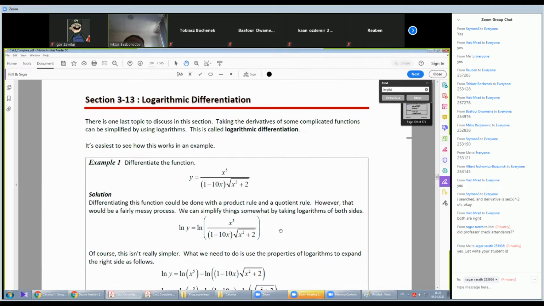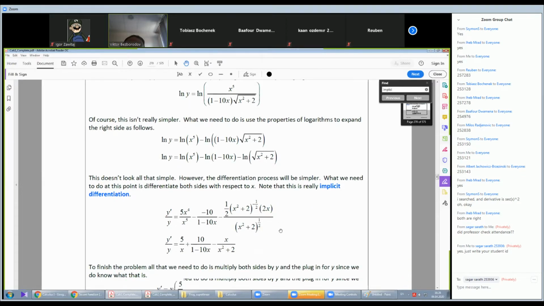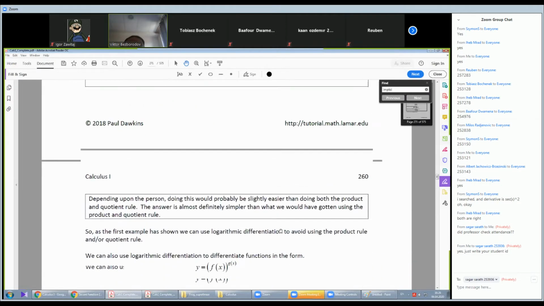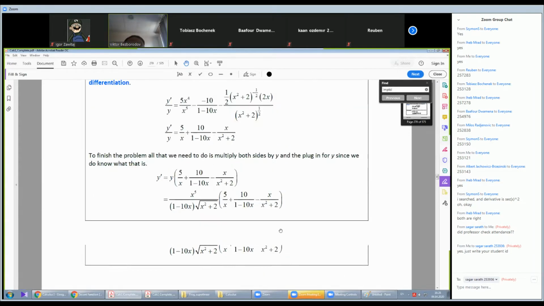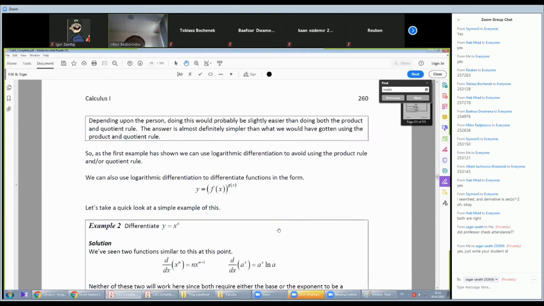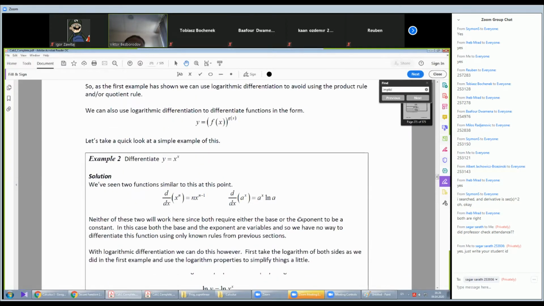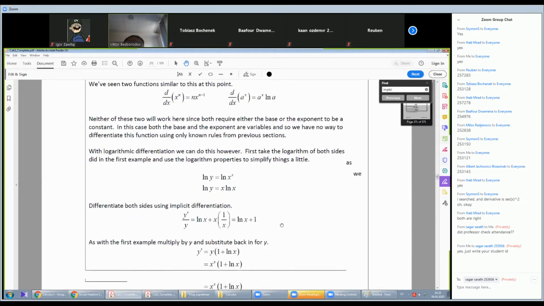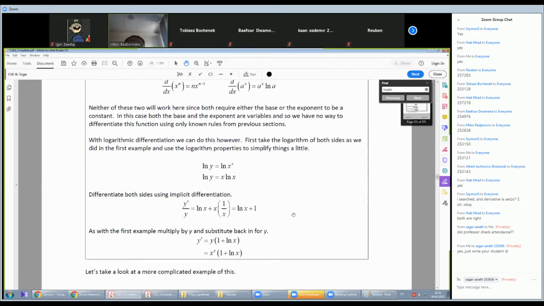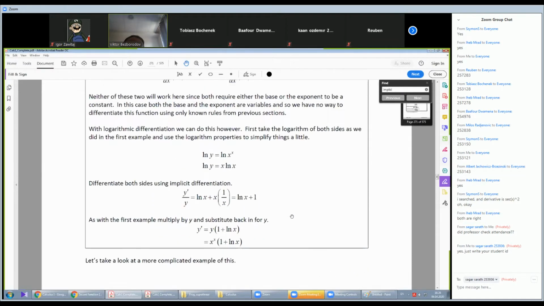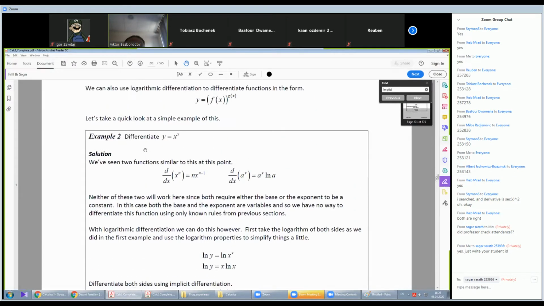And then, there are some functions where it's convenient to take the logarithm first, and then take the derivative. For example, if you have the expression x to the power x, this is well defined for positive x.